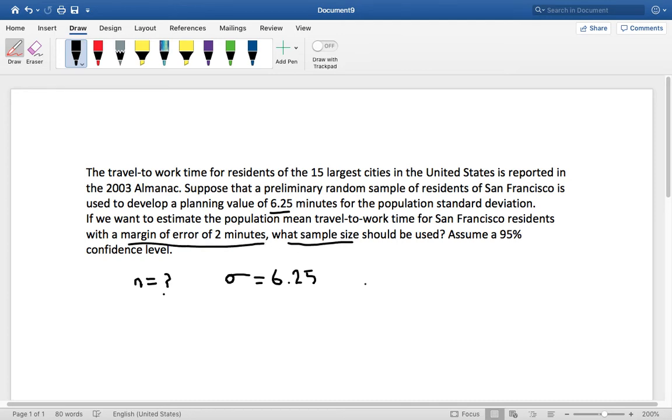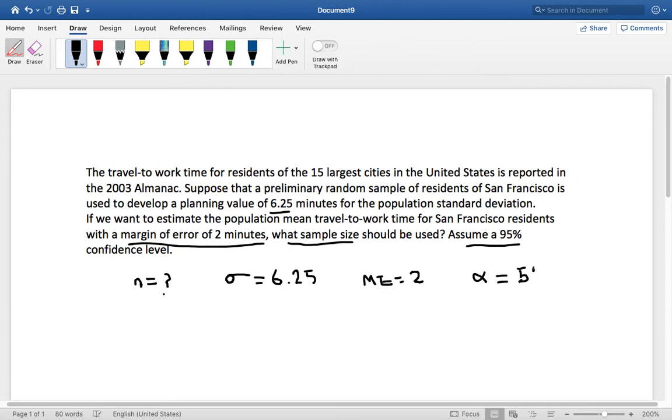Some books use different notations for margin of error, but it still means the same thing. Some use just E. Some even use B. But it means margin of error. And we're also told that the confidence level is 95%, which means that alpha equals 5%.